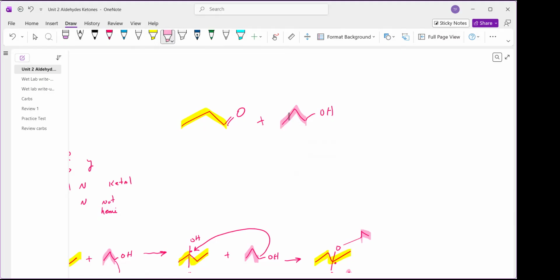And what's going to happen is the alcohol is going to attach to the anomeric carbon, which is here.